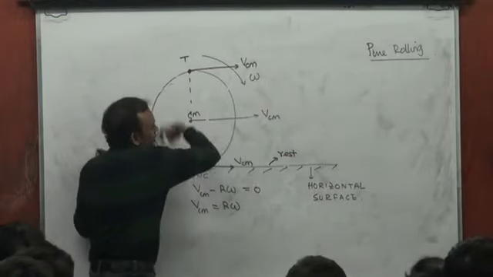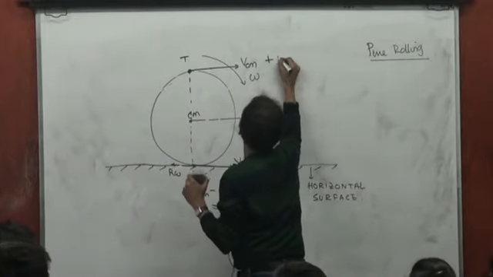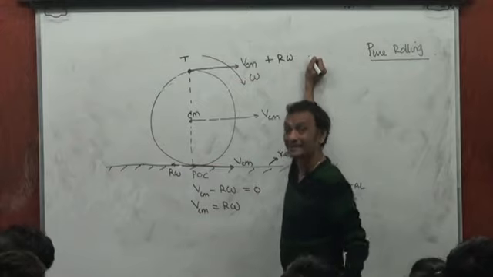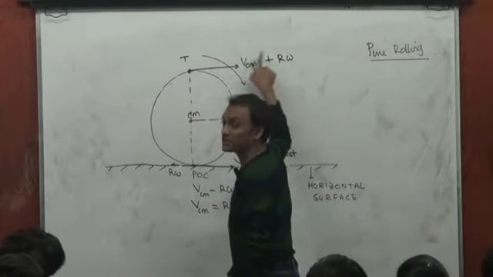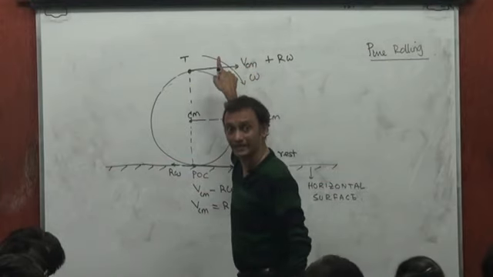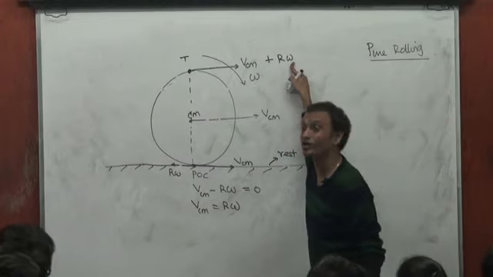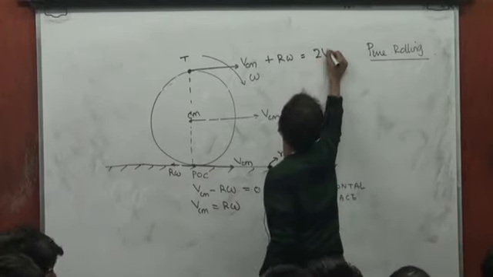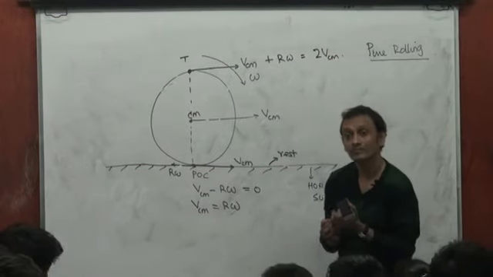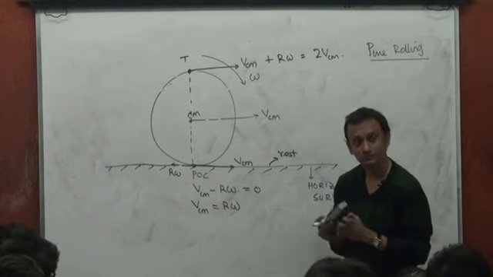And because of pure rotation about the center of mass, it has a tangential velocity r omega to the right, yes or no? But r omega is VCM because of pure rolling, so this becomes 2 VCM. Yes or no?